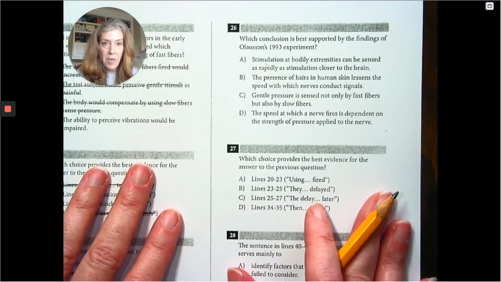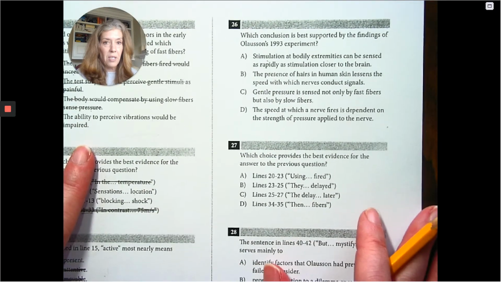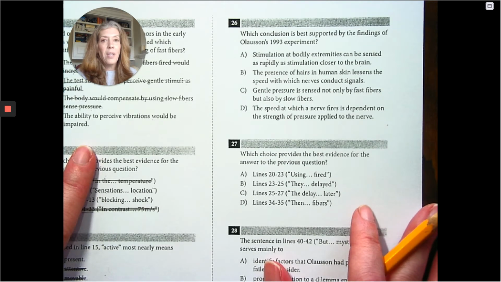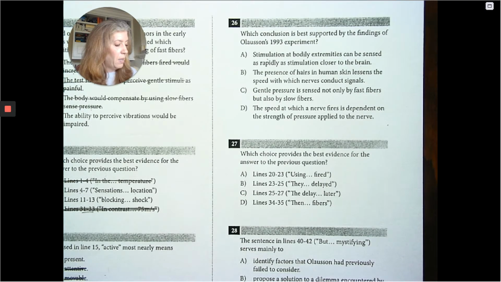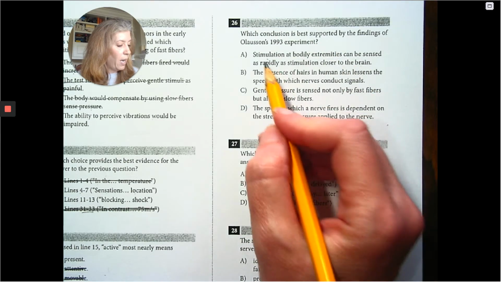The whole research design was about the nerves and the speed of the fast and the slow nerves. It wasn't about where on the body the nerves were found. So I have to get rid of that one.